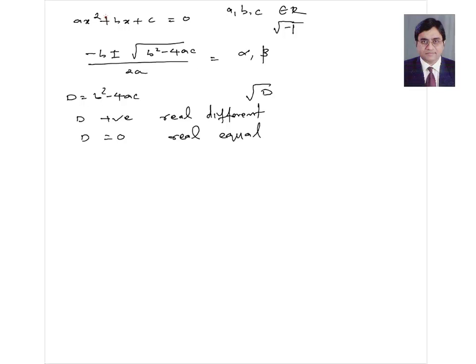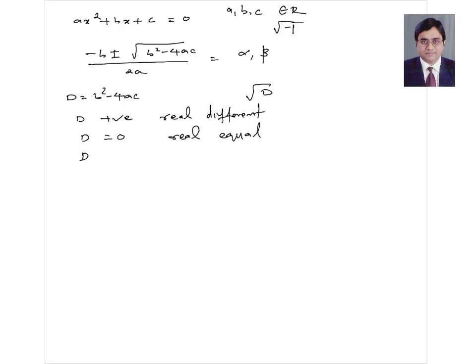But if they are equal, then technically we won't say there's only one root. Loosely we may say sometimes, but actually it means that the two roots are equal. Technically that's all it means. So real and equal. The third case, when D is less than 0 or negative.